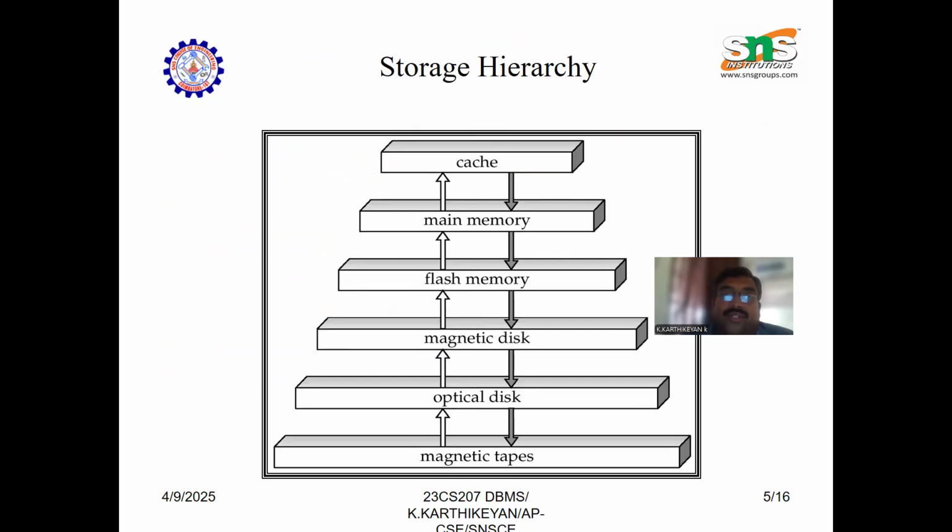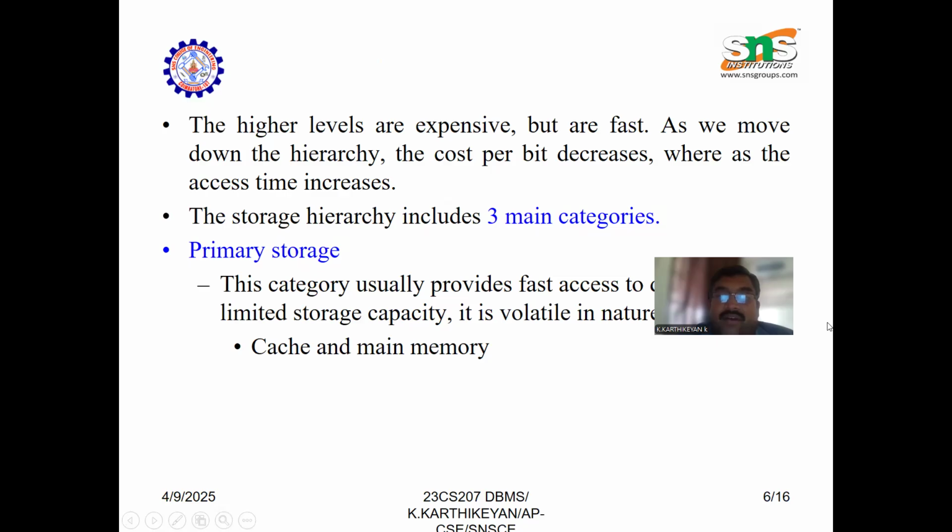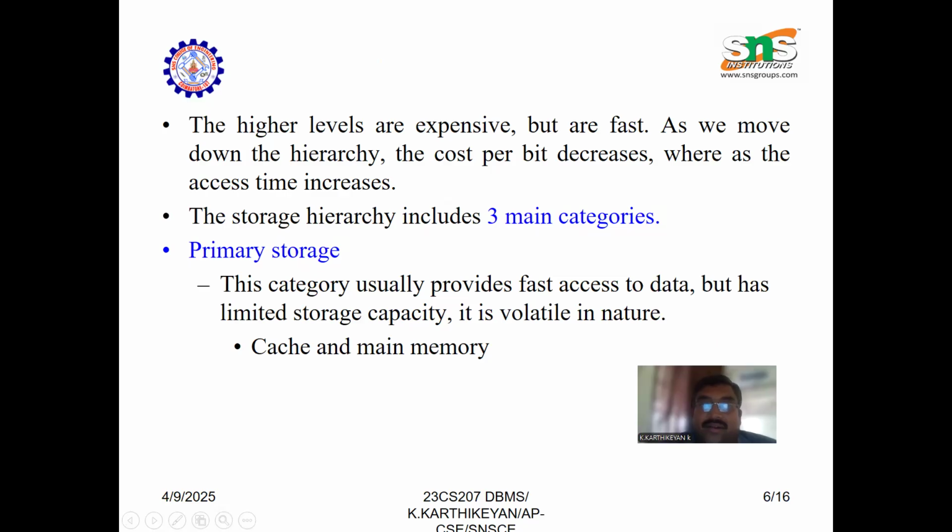So this is the hierarchy. The higher levels are expensive but fast, and as we move down the hierarchy, the cost per bit decreases, whereas the access time increases.